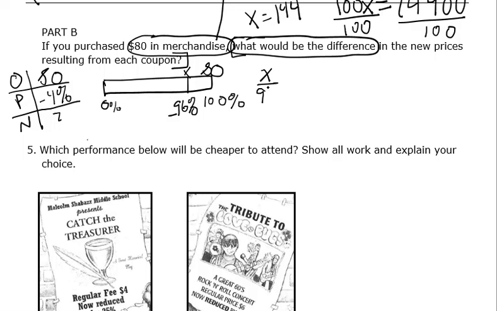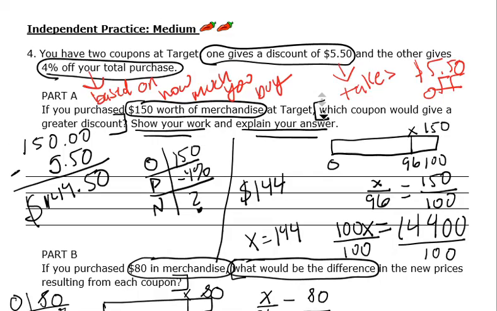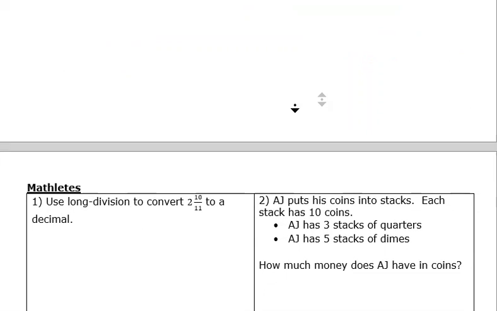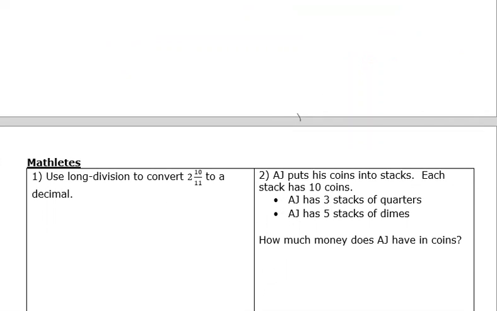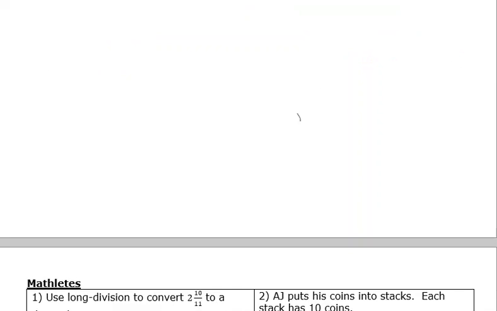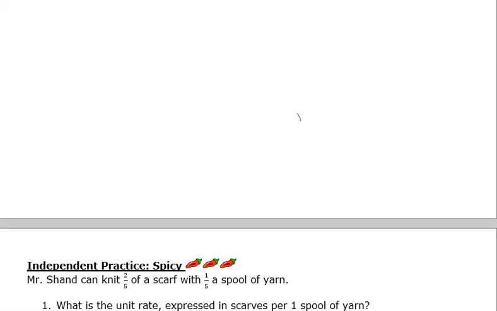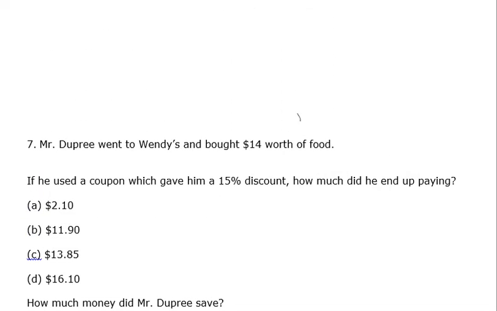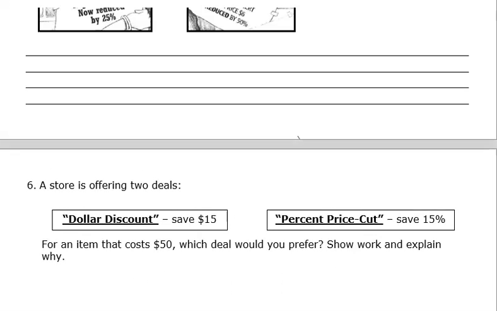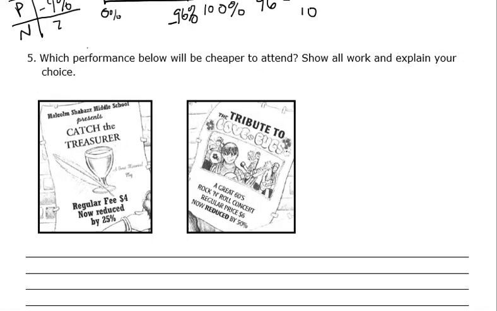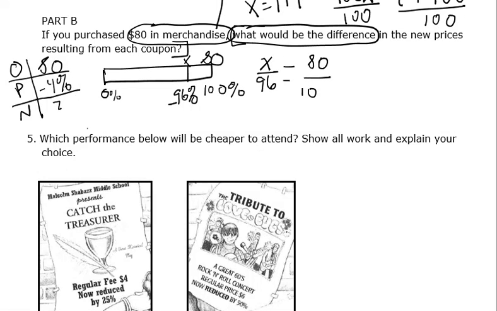X over 96 is equal to 80 over 100. A little technical difficulty here. Okie doke. Here we go. Cross multiply.